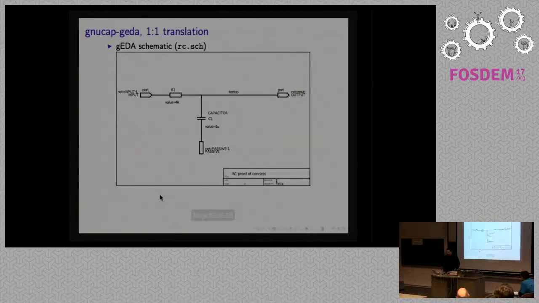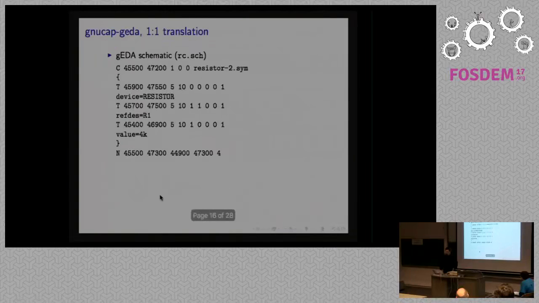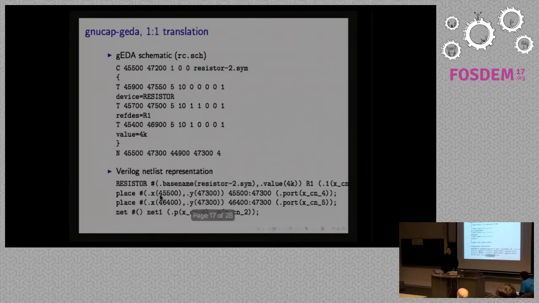And an example, this is the example I showed you last year. We have a simple low-pass subcircuit, and you might know the GDA format. It has these coordinates in, and it has components like a resistor symbol, and the device attribute specifies what it is. And when I read that into gnucap and dump it in Verilog, I get this as an augmented Verilog netlist, which is all top-level components with coordinates.